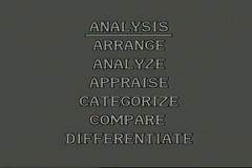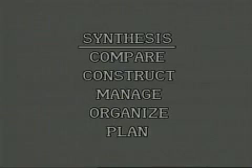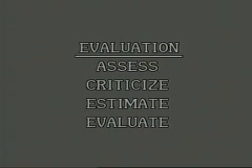Verbs used for analysis are arrange, analyze, appraise, categorize, compare, and differentiate. Verbs used for synthesis are compare, construct, manage, organize, and plan. For evaluation, the verbs that can be used are assess, criticize, estimate, and evaluate.